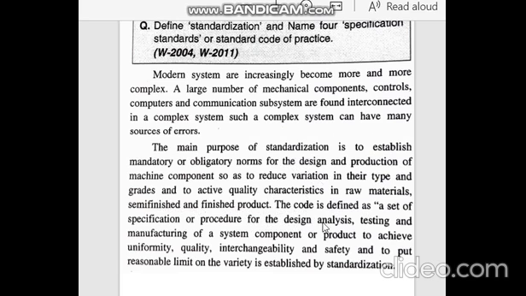The code is defined as a set of specifications or procedure for design, analysis, testing and manufacturing of a system, component or product to achieve uniformity, quality, interchangeability and safety, and to put reasonable limit on variety, and the limit on the variety is established by standardization.